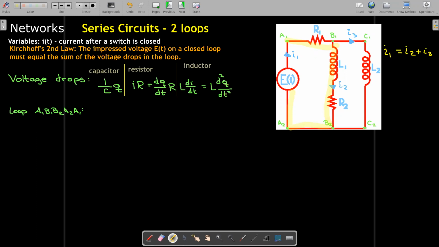And then the final loop could be around this loop right here.